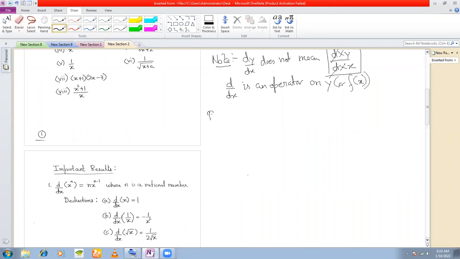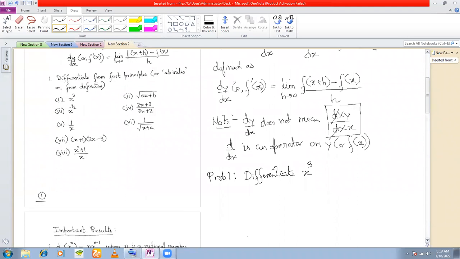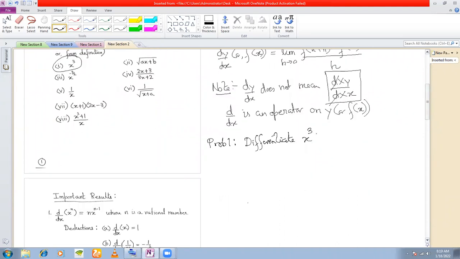If my question to you is differentiate x cube, let us take the first question here. Suppose I want to differentiate x cube with respect to x.